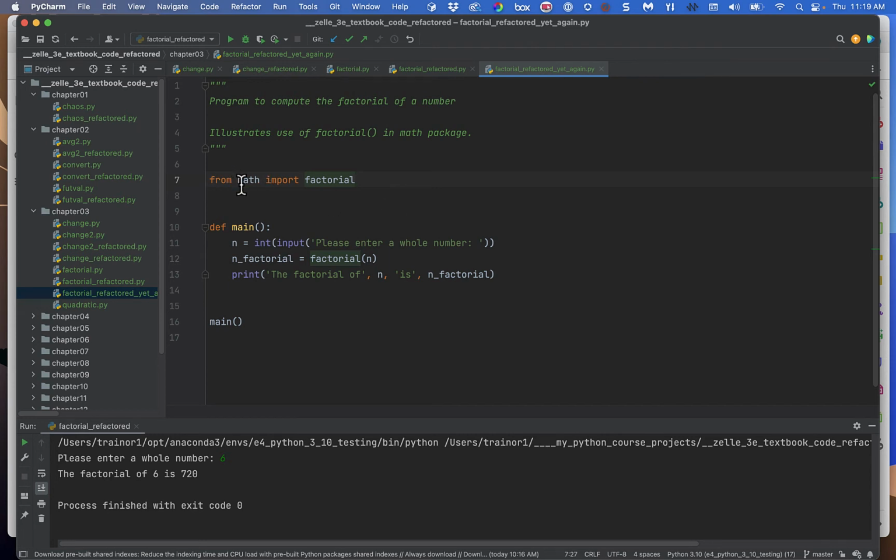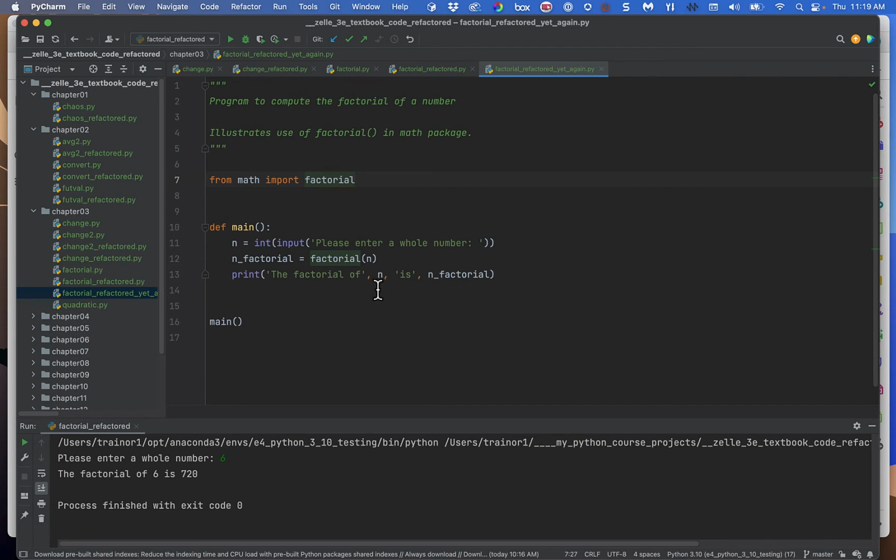So we say from math import factorial. This is considered to be a good practice because we're saying just what we want to be loaded into the Python execution environment. And then when we use it, we can just use the name.